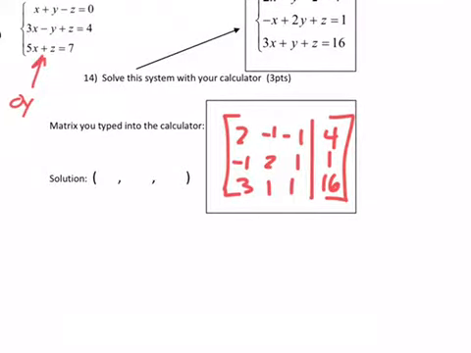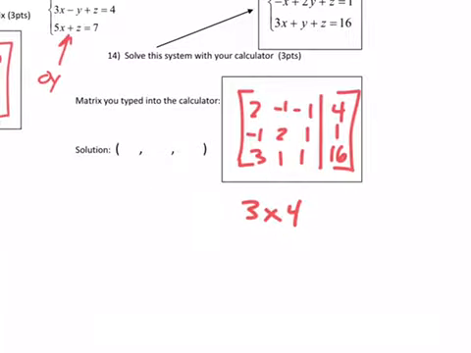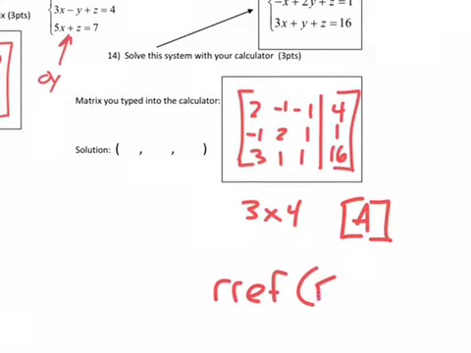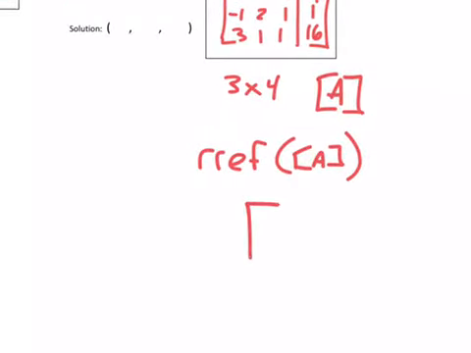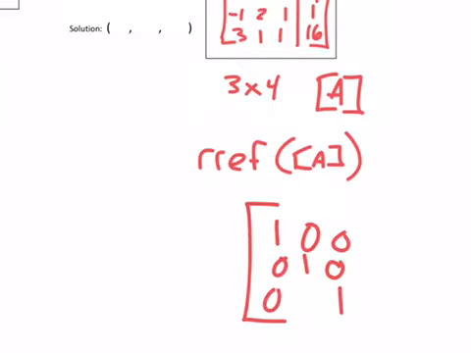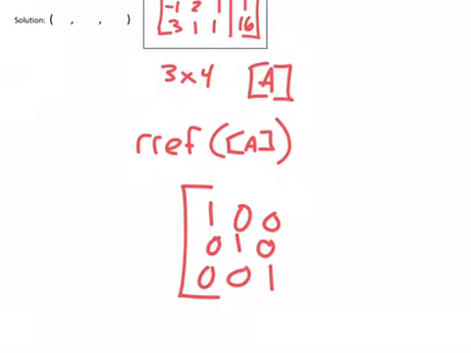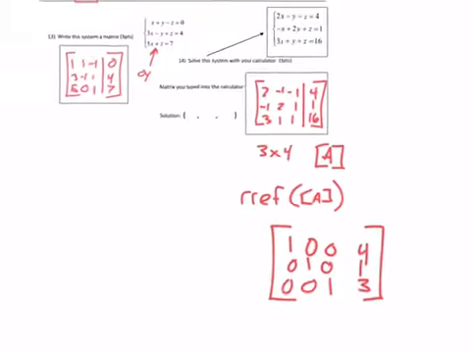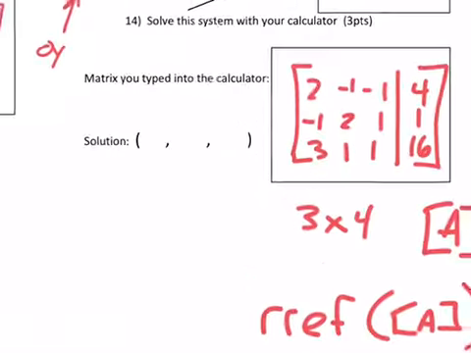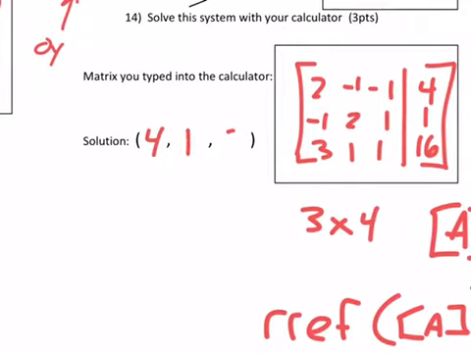If you type that matrix into your calculator, which would be a 3 by 4 matrix, let's just say you called that matrix A. If you then go through the buttons to do the RREF matrix A, you should get something that looks like this. 1's down the diagonals. All right. It won't put you in the equals line, but then it would have a 4, 1, 3, telling me that my solution is 4, 1, 3.